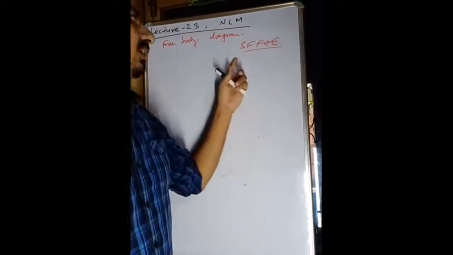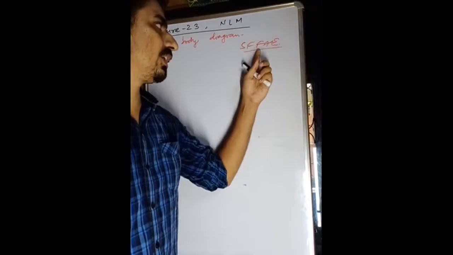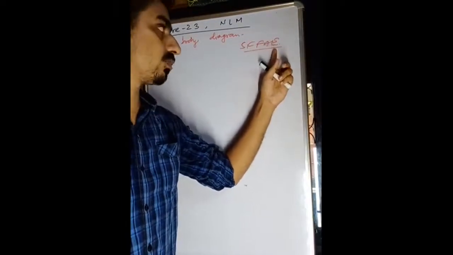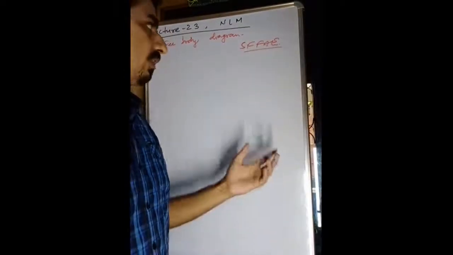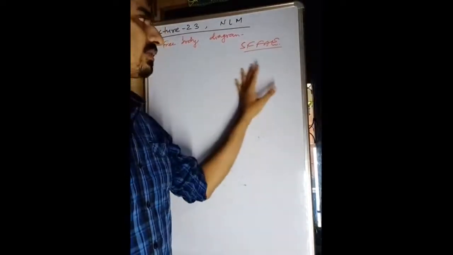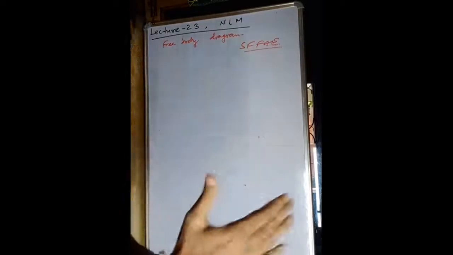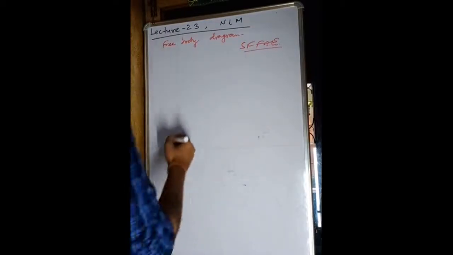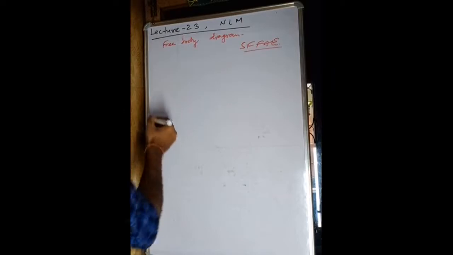System analysis, free body diagram, force analysis, axis fixation, and the last one was equation writing. We will start with examples of SAPHI and the free body diagram. Today we will study the concepts of pulley and of a body placed on an inclined plane. Let me start today's lecture with a very simple example.